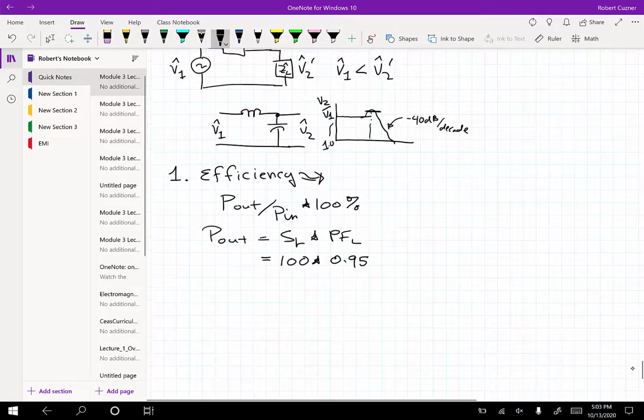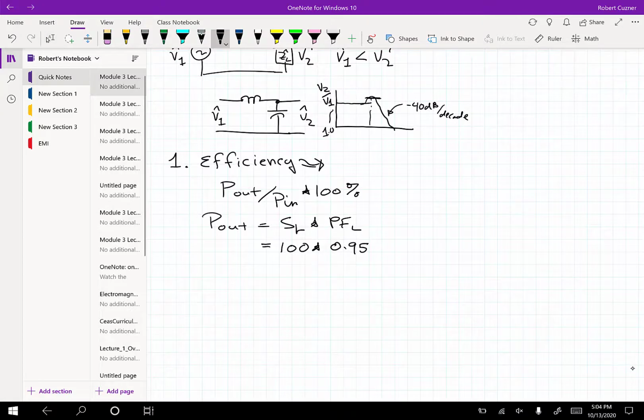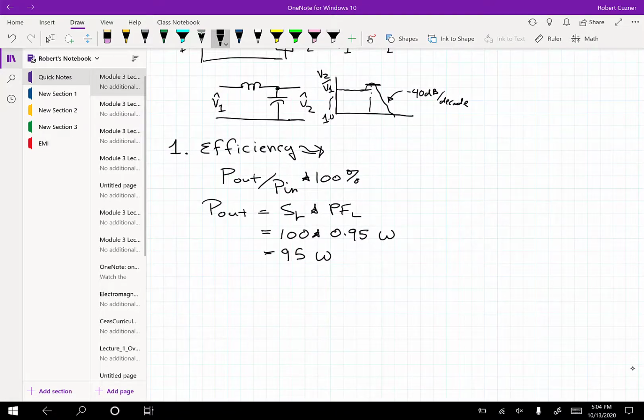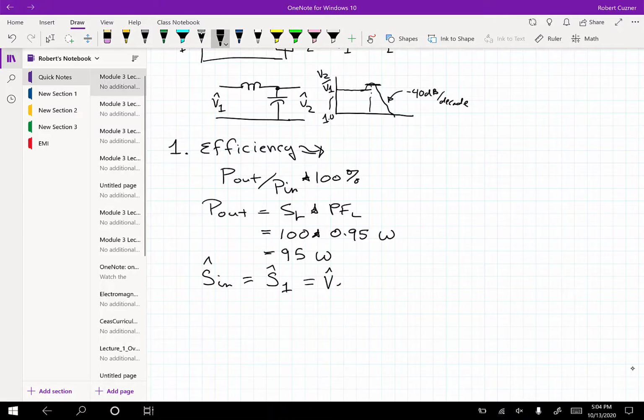It's 95% of the volt amperes is real power. So that is 95 watts. What is the P in? We can find the S in, can't we? The S in would be the S supplied to the primary side of the transformer, right? That would be V1 times the conjugate of I1.